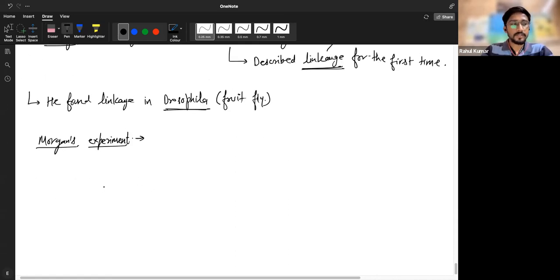So he crossed yellow bodied. So this is the character for the color of the body, right? Yellow bodied and white eyed. So he took a yellow body and white eyed female. Is it clear? Yes.